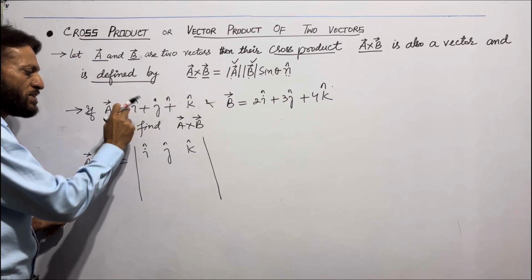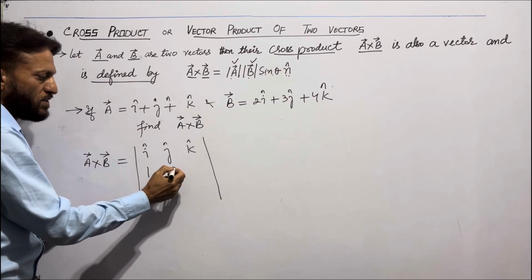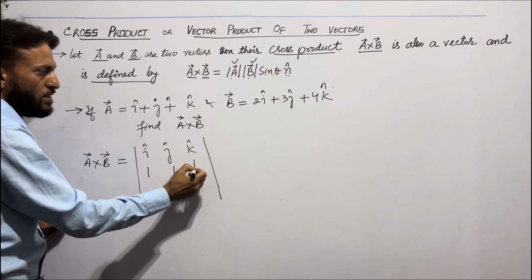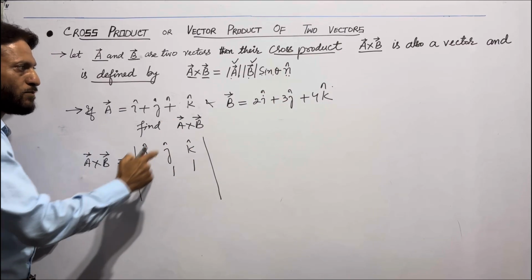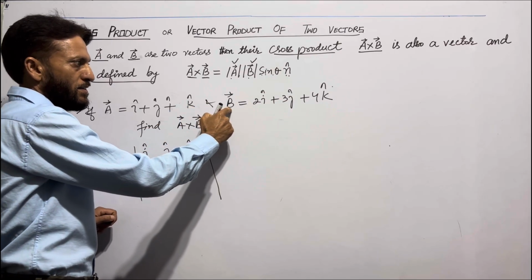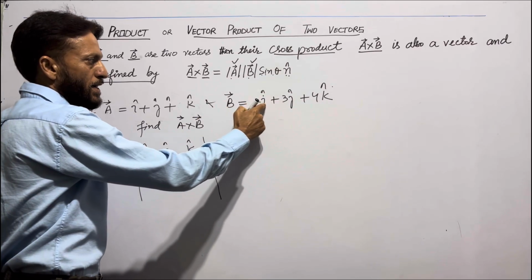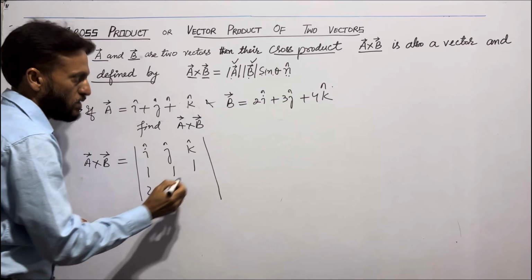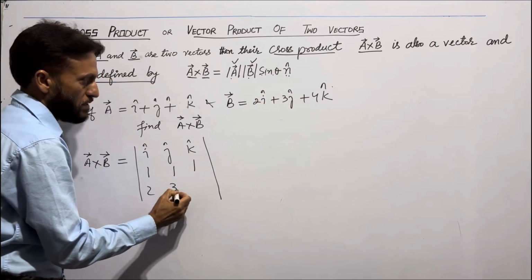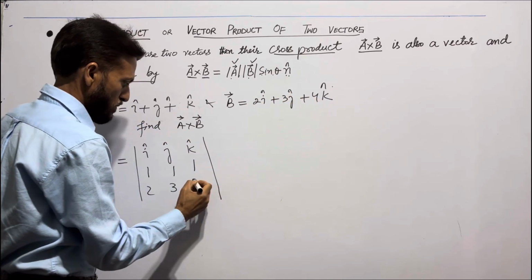Coefficient of i cap is 1, j cap is 1, k cap is 1. Now I will write the coefficients of the second vector in the third row. Coefficient of i cap is 2, j cap is 3 and k cap is 4.